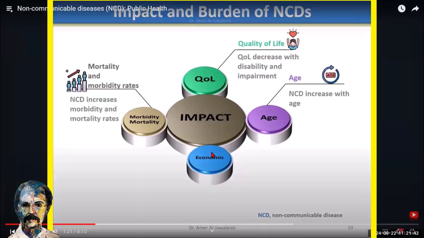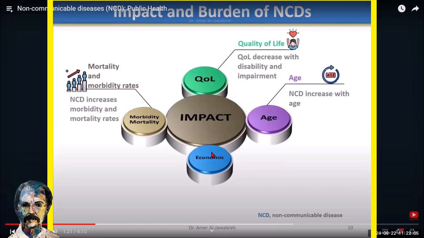Okay, so morbidity and mortality. You have seen that deaths from CVD and cancer become very high, 10 million. So when you get NCDs, as soon as you are diagnosed, you are part of the club, definitely.